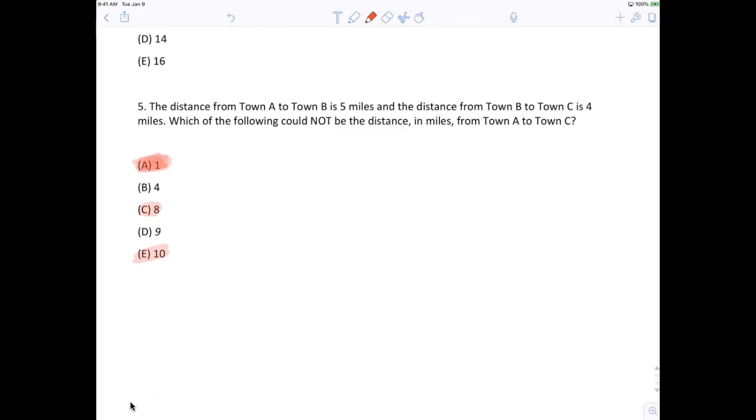Wow. All right, so let's look and see. Now, again, guys, this is a really important thinking question, so I really want your eyes up. From town A, so I'm going to draw town A. There's town A. Do I have any idea where town B is? No, but I know it's 5 miles away.